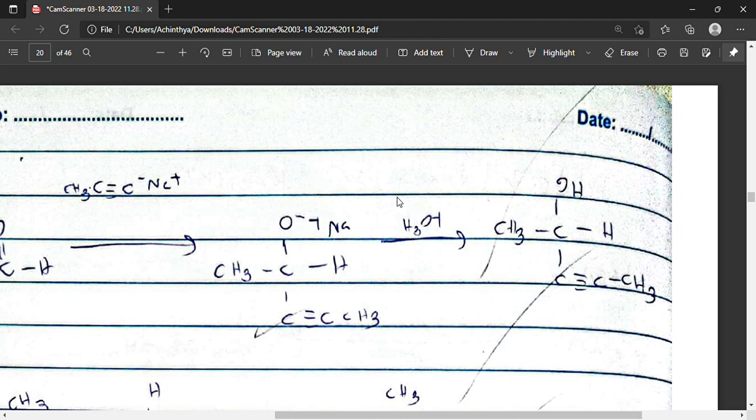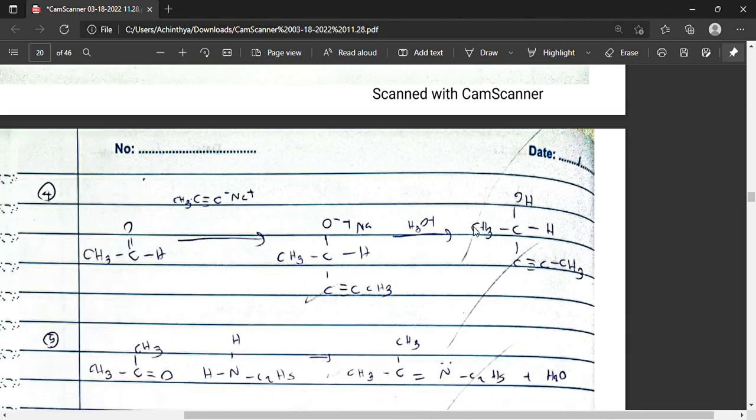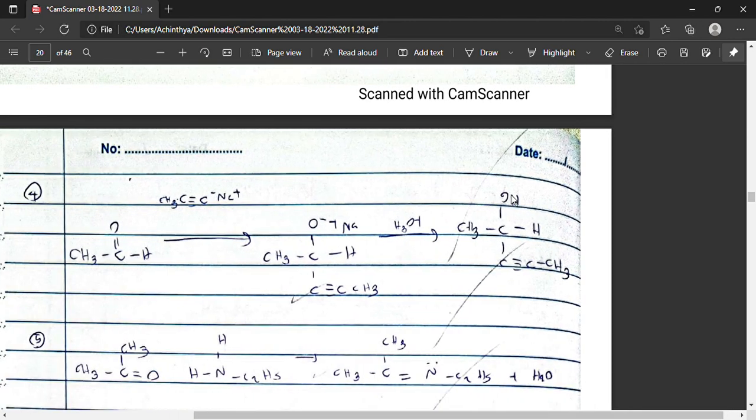And if you were to hydrolyze it with acidic water, this group will convert into a hydroxide group to form a resultant alkynol.